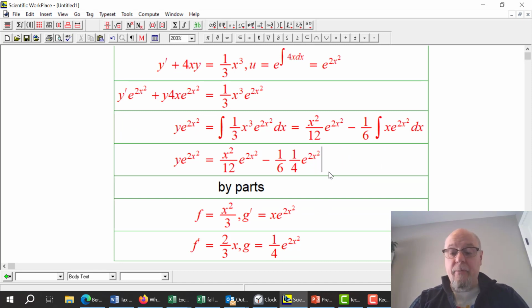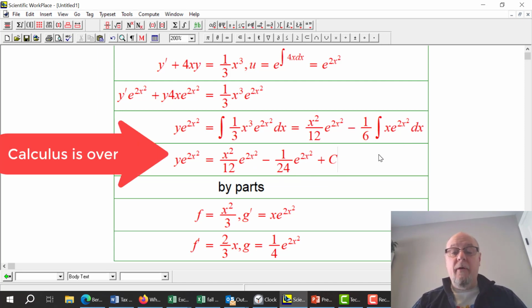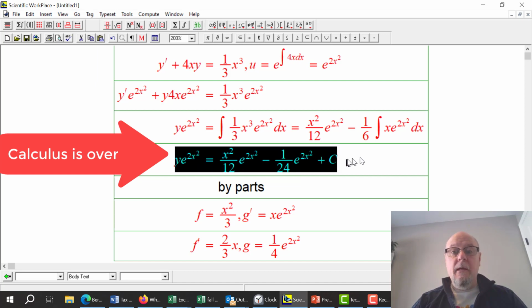Oh, and now's the part where I tack on a plus c, and I guess the 1/6 times the quarter, let's make that a 24th. And I'm done as far as there's the implicit solution.